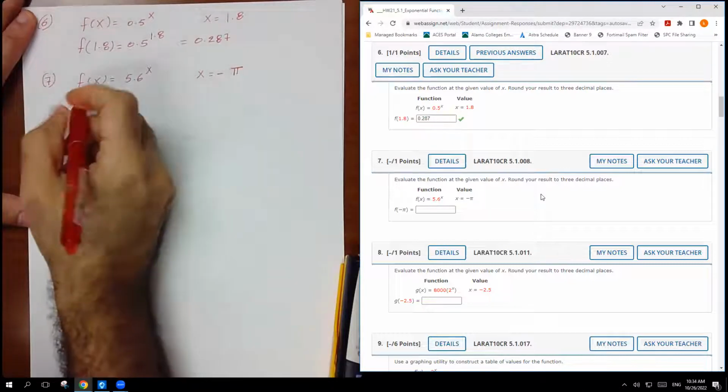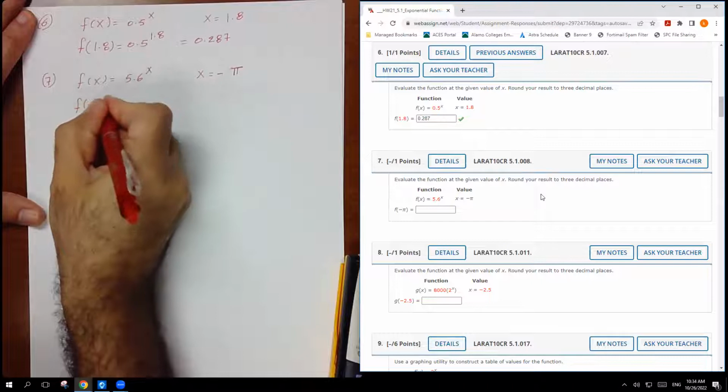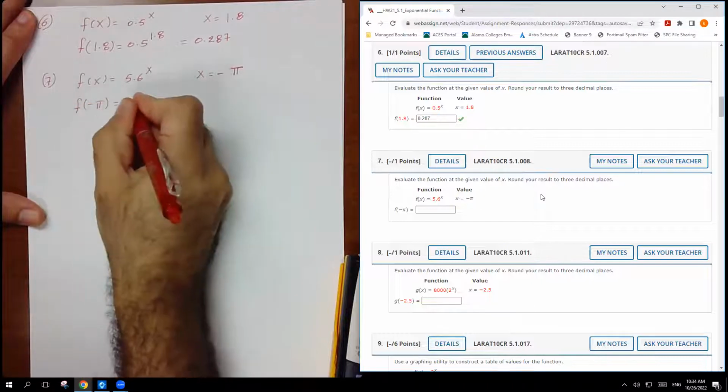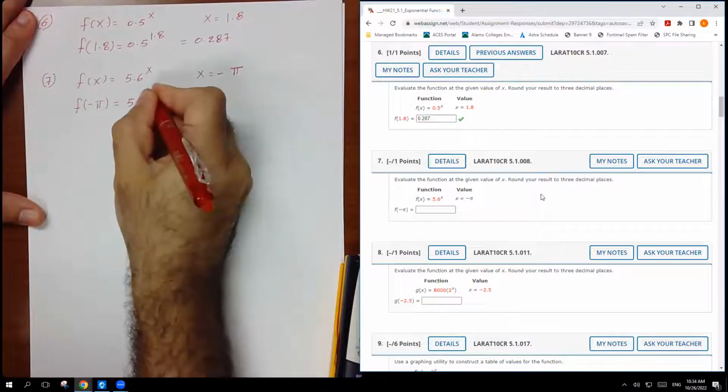So that means we're going to plug in f of negative pi instead of each x. That means 5.6 to the negative pi.